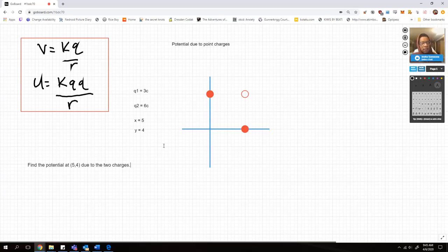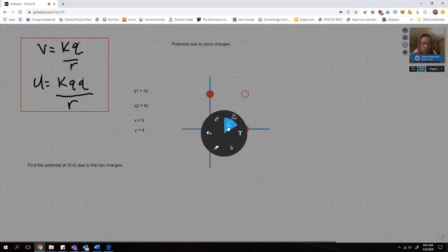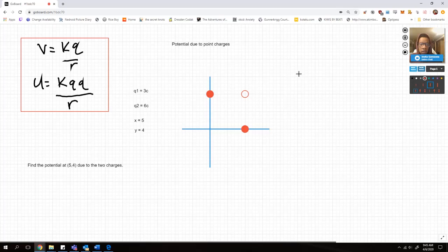Something I like to talk about with potential is what it actually represents. The way I think about it in physical terms is that potential is analogous to a height. So let's say you have a mass at sea level, so the height here is 0.